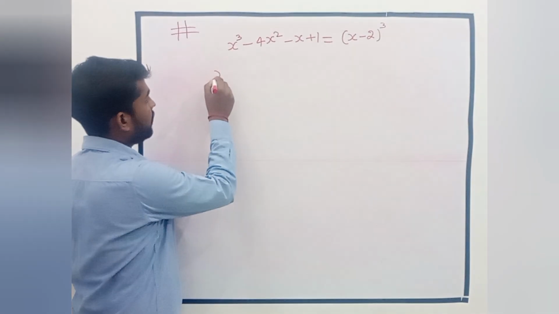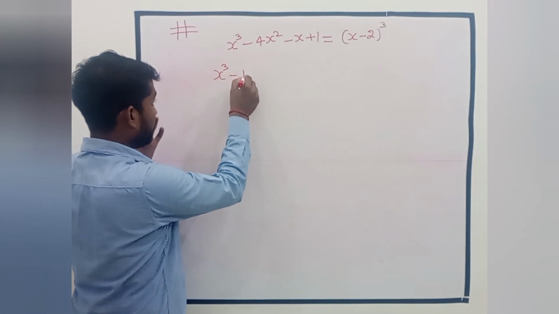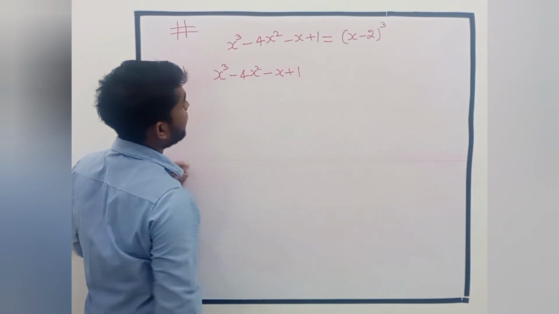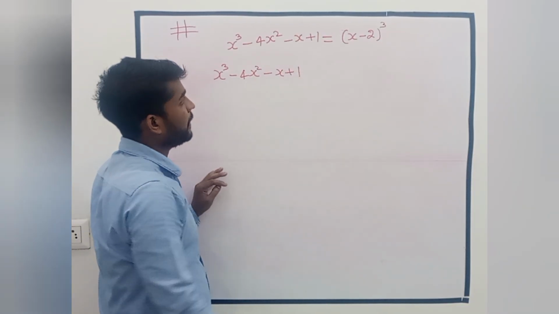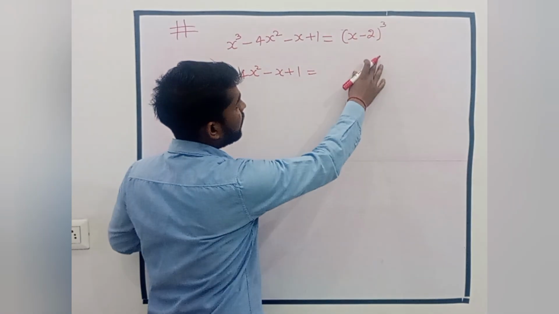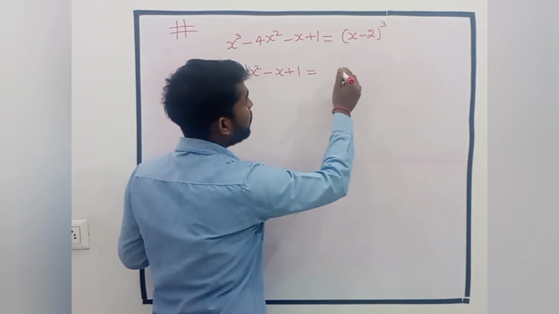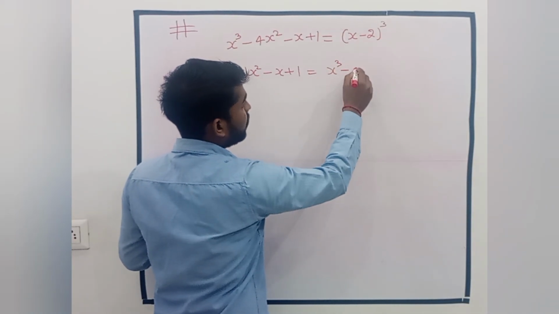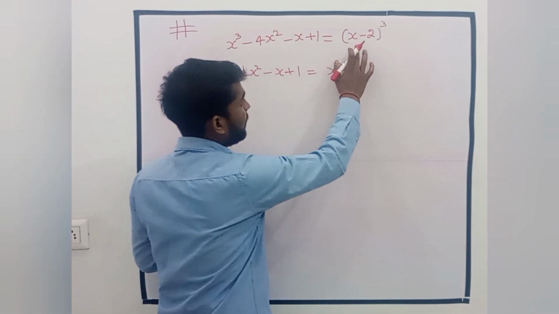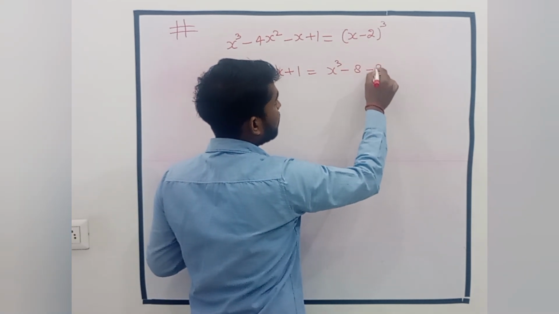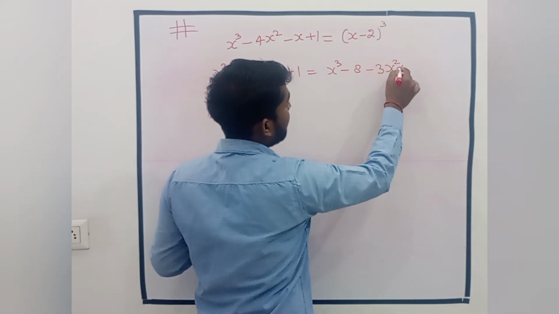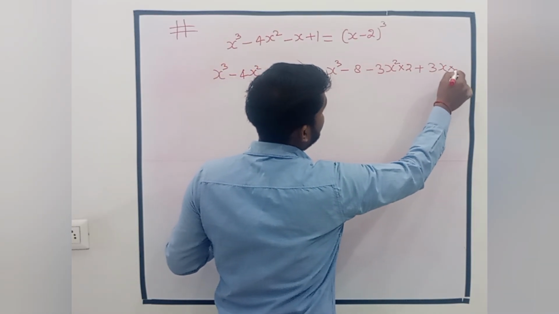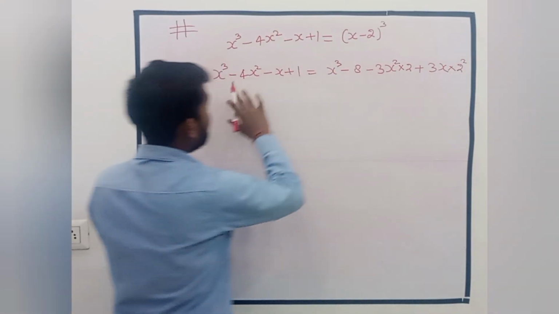And we will write the left term because it's already in expanded form, and solve this: a minus b whole cube, and this a cube minus b cube, 2 cube means minus 8, minus 3 x square into x plus 3a into b square.